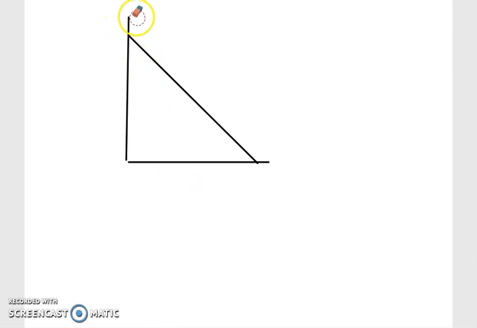Close. Erase. Alright, so let's look at this right angle triangle. My right angle is right there, and A equals 6, B equals 8, and C equals 10.